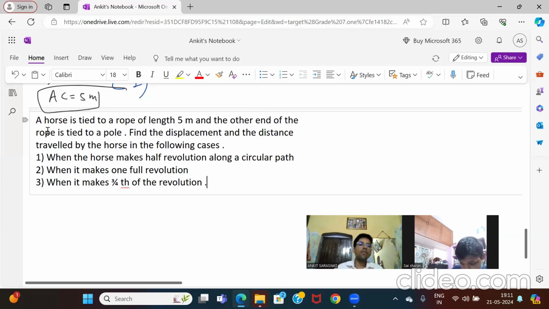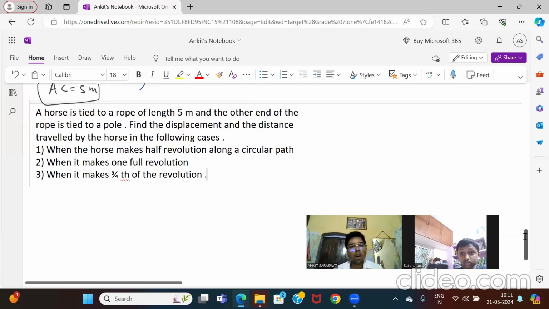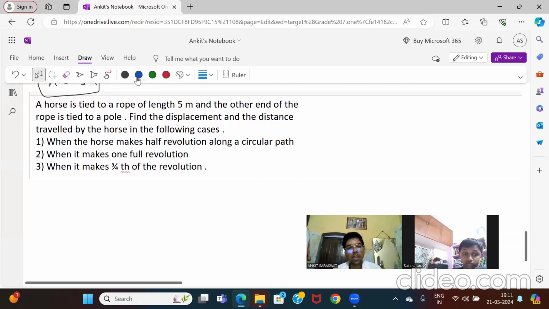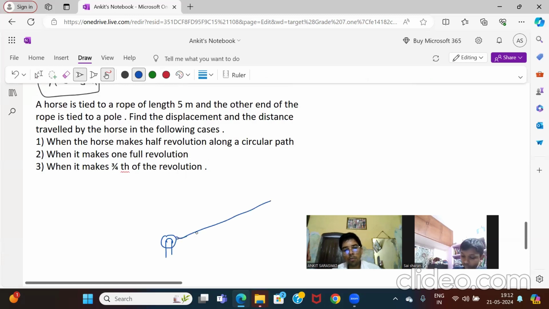In these cases, first of all, draw the diagram. A horse is tied to a rope of length 5 meter and the other end is tied to a pole. This is the pole, this is the horse, tied with this rope. The length of the rope is 5 meter.